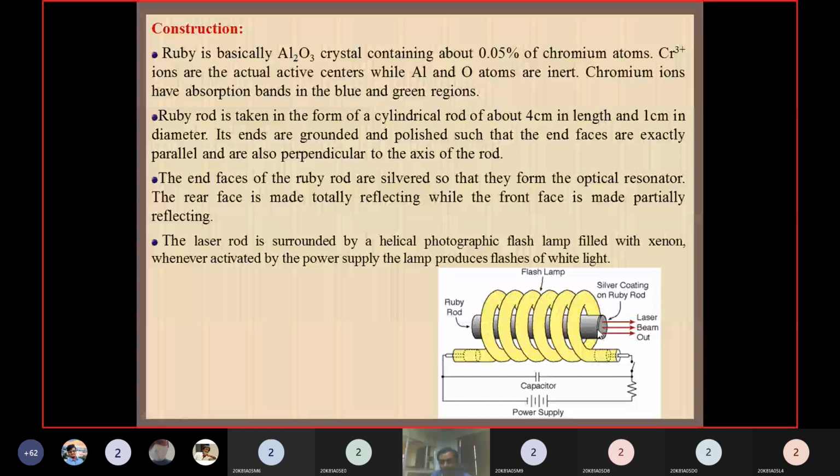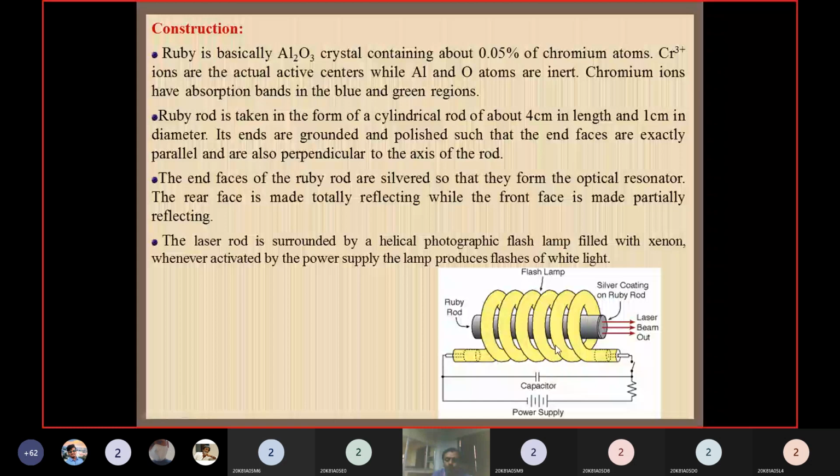When we supply the power, the xenon atoms go to the excited state, and after completion of their lifetime they come to the ground state. While coming to the ground state, they emit white light. Understood? So why is white light coming here?